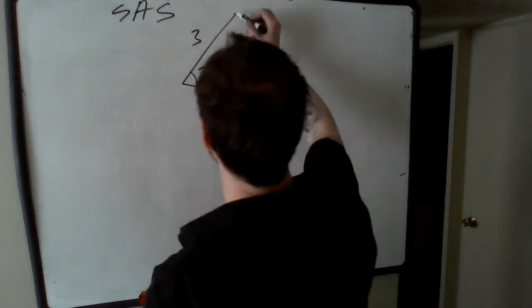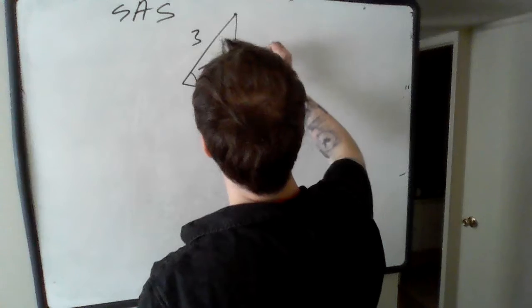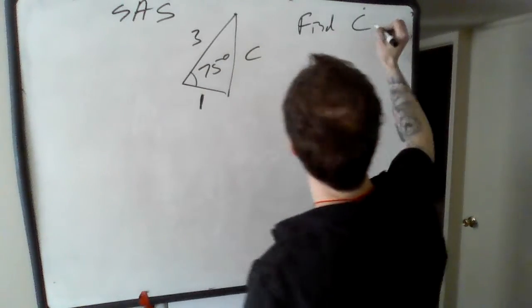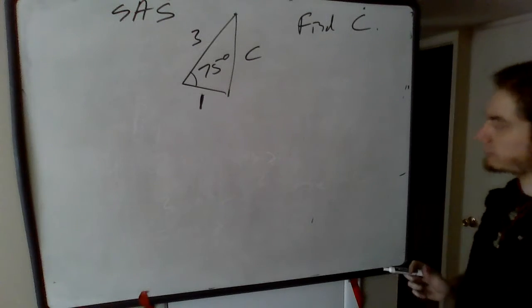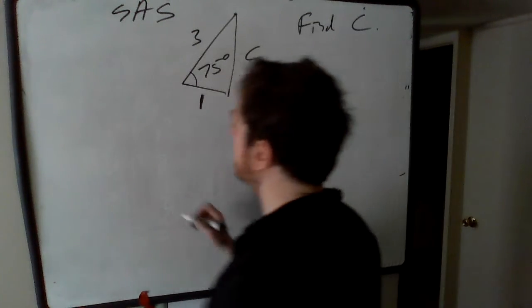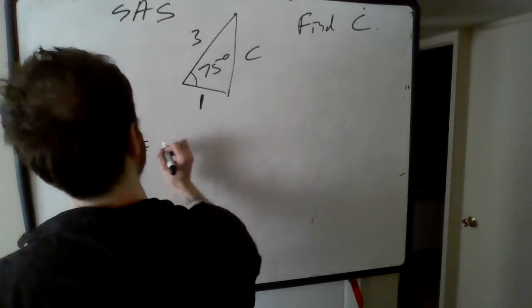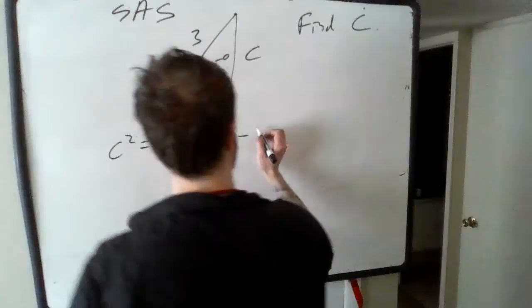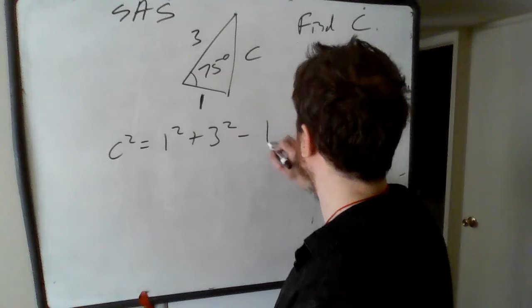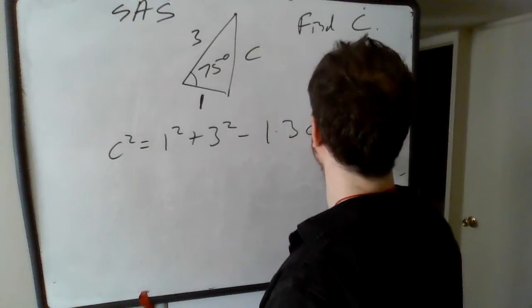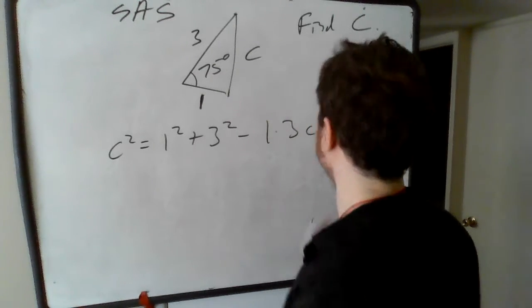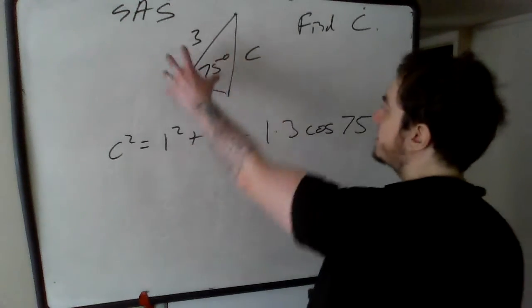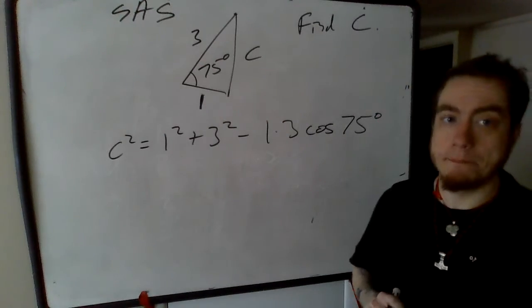And I ask you to find the length of this side here, which we're going to call C. Well, the way that I'm going to do this is I'm going to say, okay, well, C squared is equal to 1 squared plus 3 squared minus 1 times 3 cosine 75 degrees. Okay, so this is just the law of cosines with this information plugged into it.